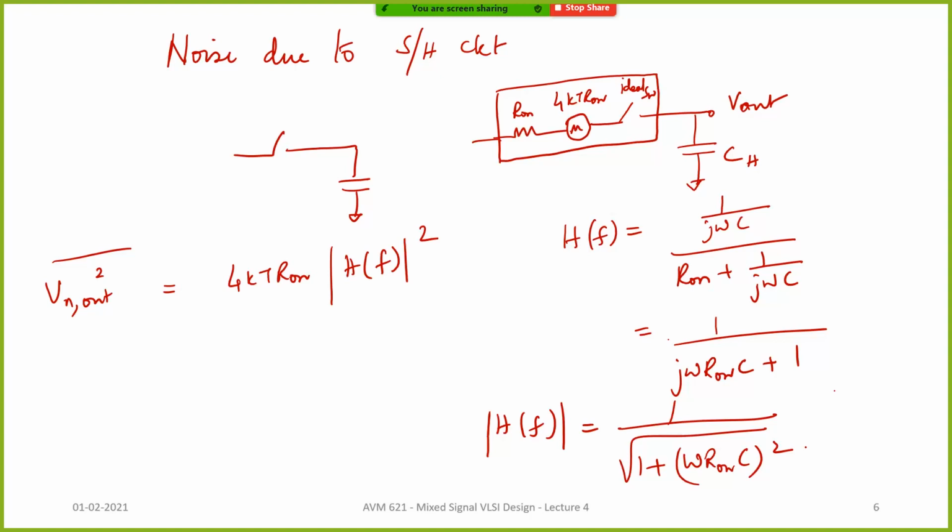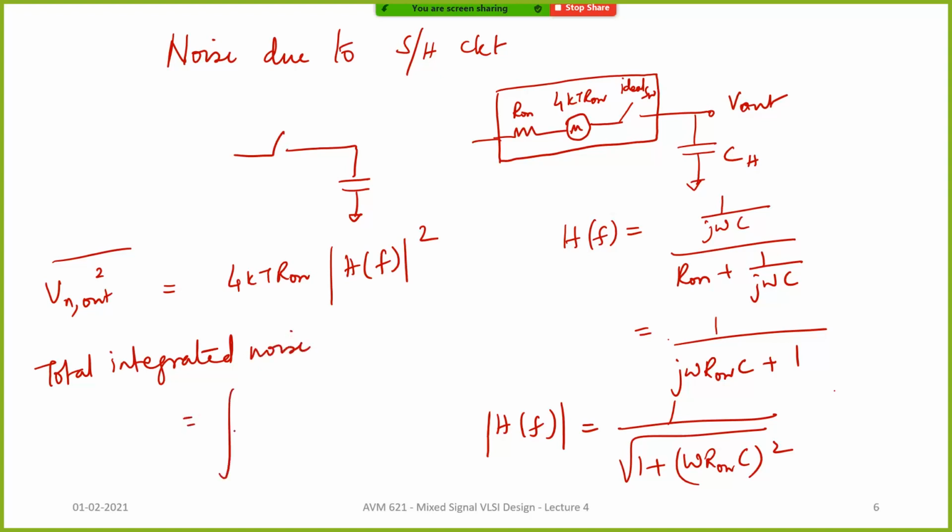Now if you put this here, you get the total integrated noise. Till now we have been talking about noise spectral density, that is, for a 1 Hertz bandwidth, the noise that you will get at each frequency point. What is the total integrated noise?